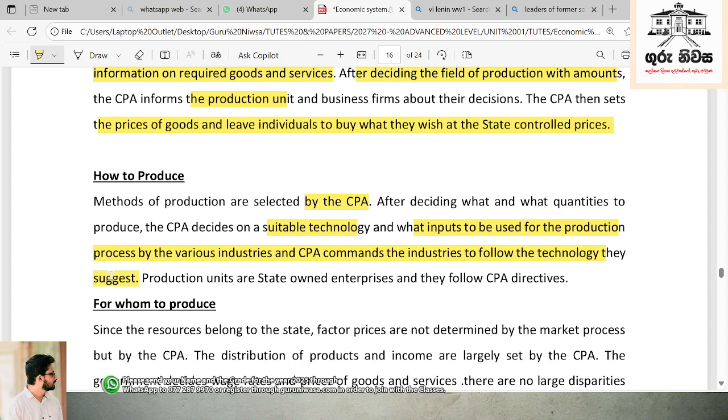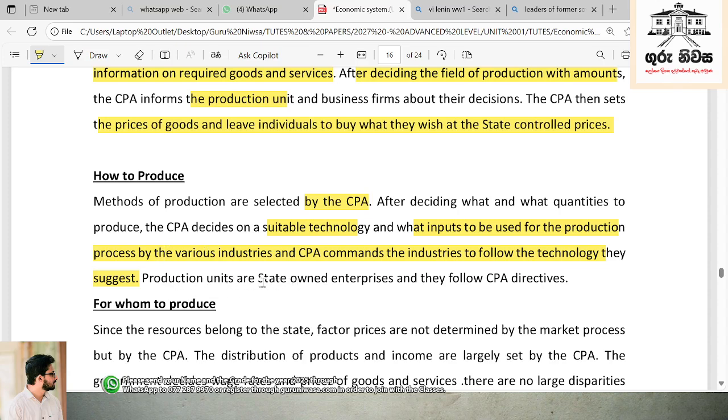So in order to create more employment opportunities, normally the government usually pays attention to labor intensive techniques. But anyway, the final decision belongs to the government, the CPA.